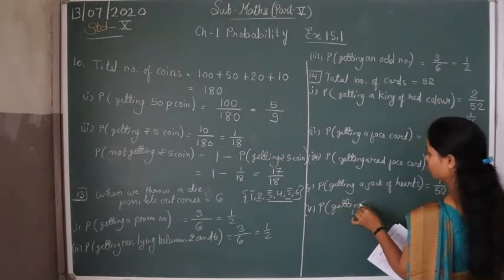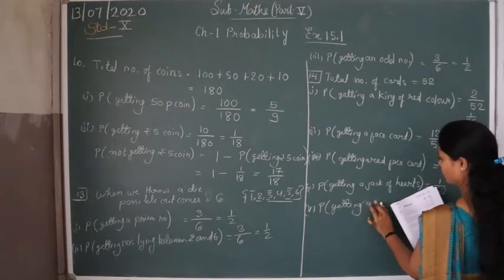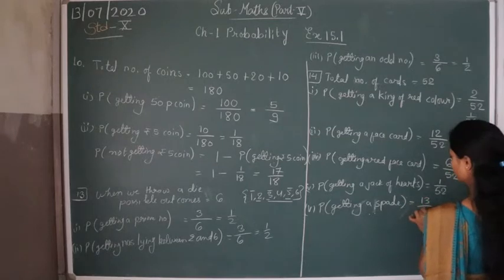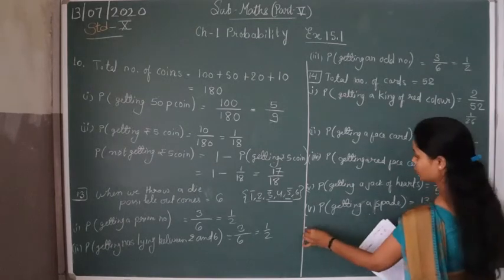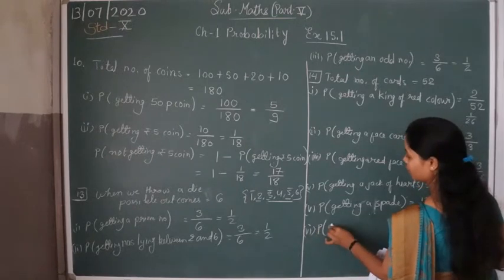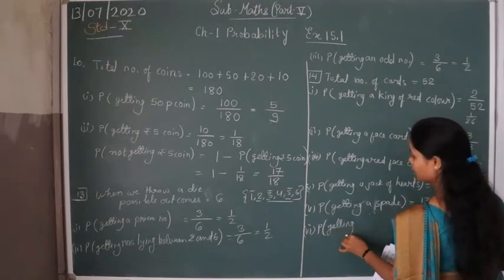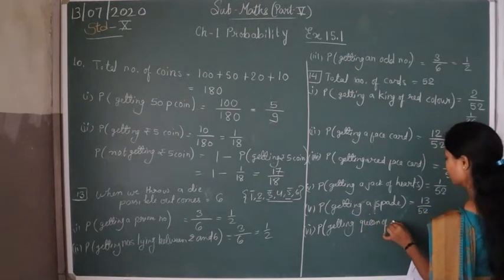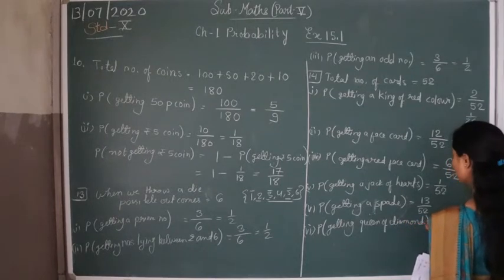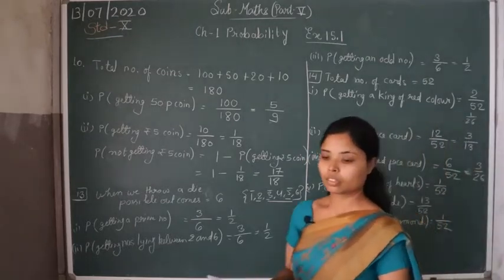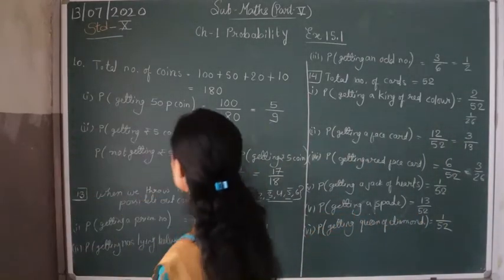I told you, spades are 13. So 13 by 52. And how many queens of diamonds? Getting the queen of diamonds. So only one queen of diamonds.